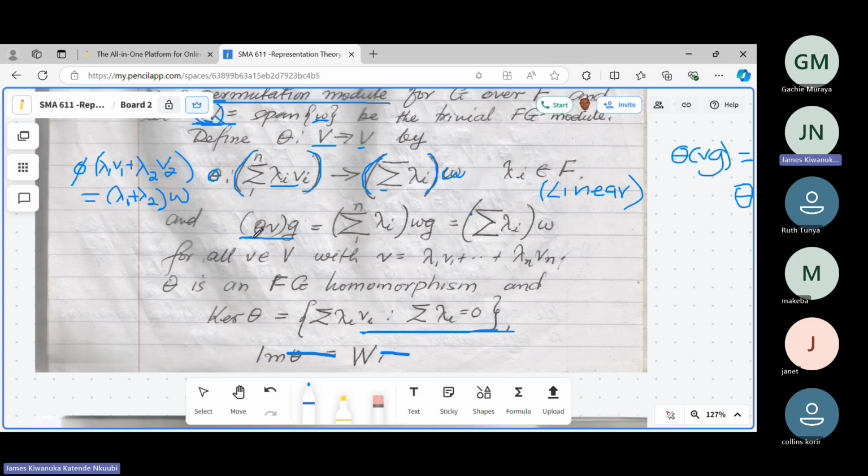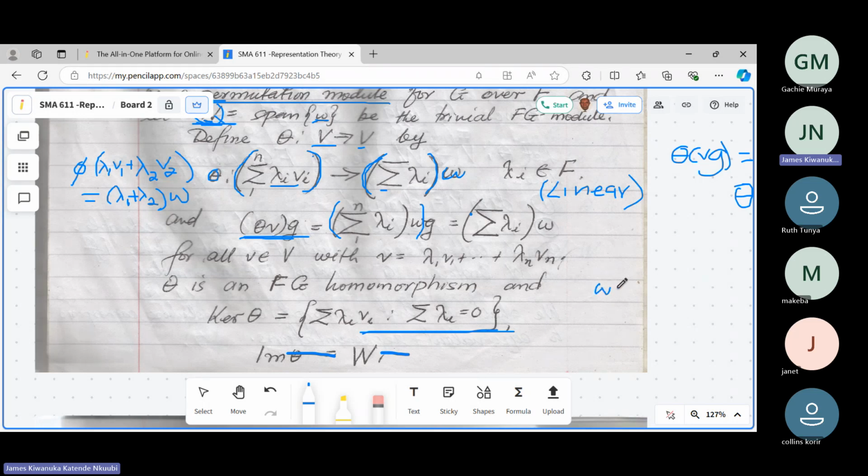So let's check if theta acts on a vector V, then you let G act on that vector. This image, theta V, is the same as this thing, right? That's theta V acting on G. But now, this is a one-dimensional vector.